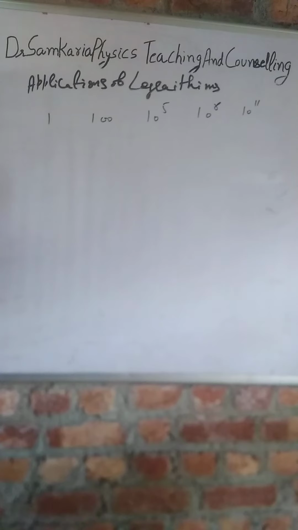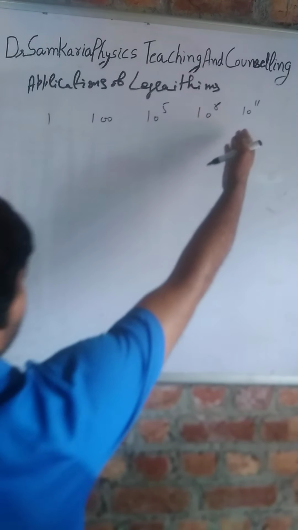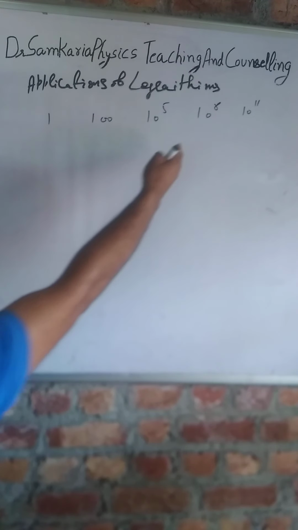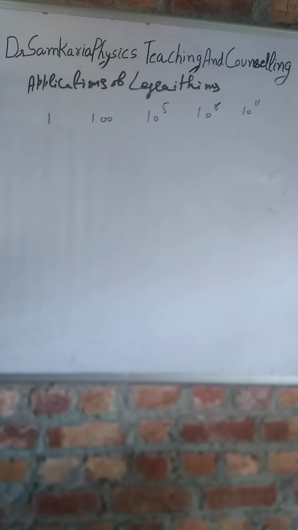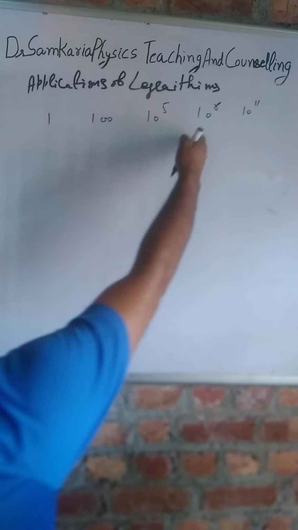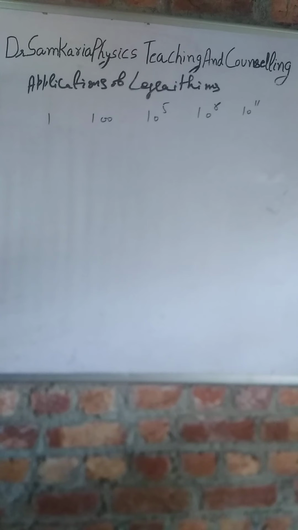When we study science, we encounter numbers that are small, medium range, to numbers that are very large. For example, this large number can be the number of stars in our galaxy. This number, 10 to the power 8, can be the velocity of light in meters per second. So you frequently encounter these numbers.